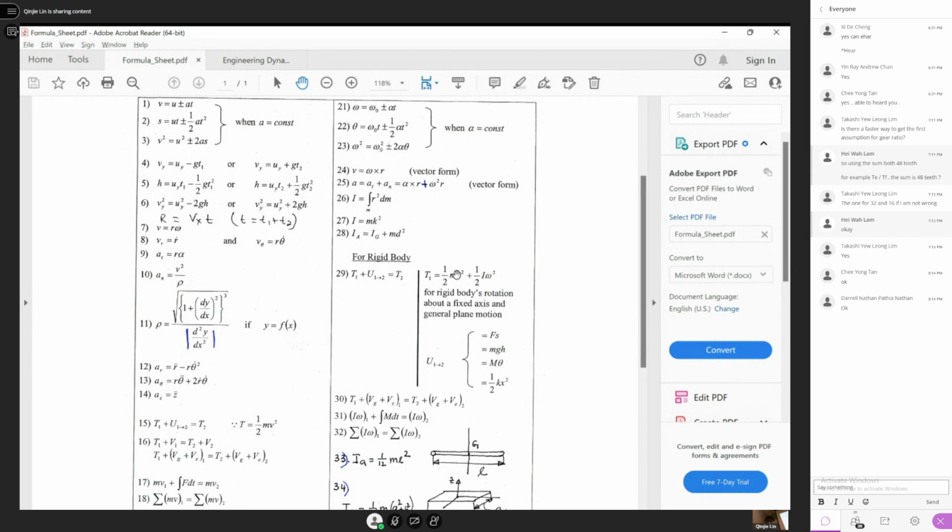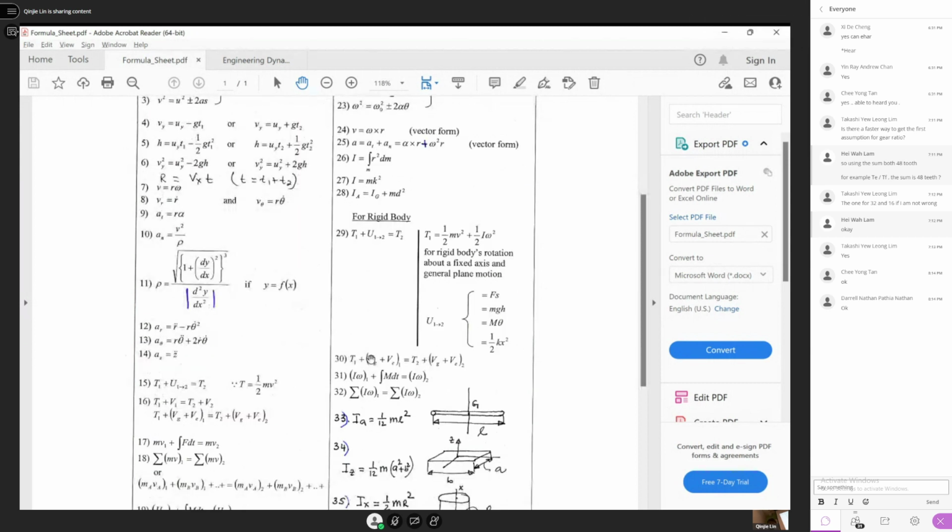We have the half mv square component, and we also have the half I omega square component. This is translational, and this is rotational. Down here is just the work done, that means the work supplied. It could be force times distance, change in potential energy, your M theta, or this is for springs.